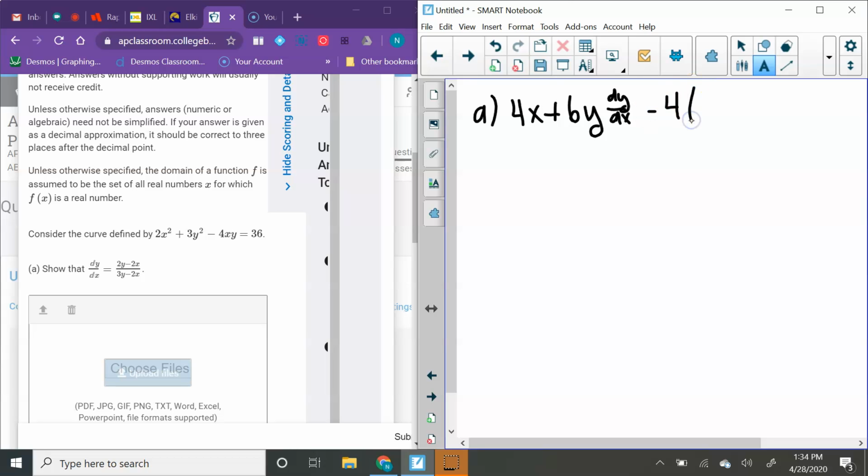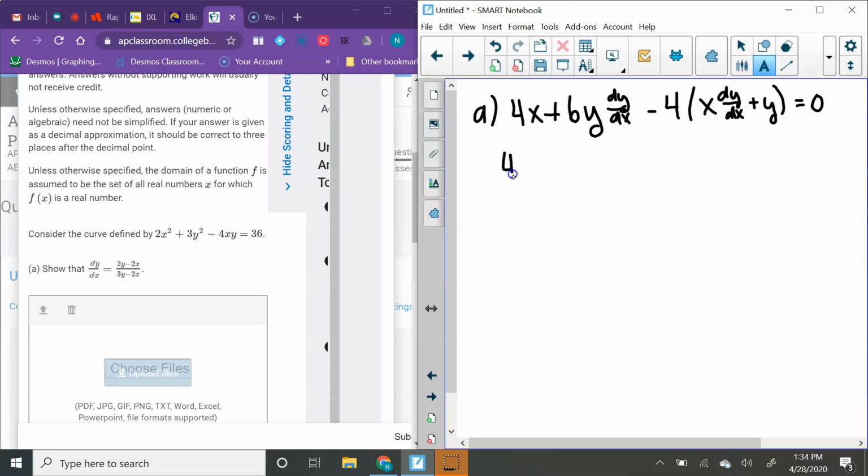I'm going to use the 4 pulled out. You got to use a product rule for this x times y. So you got to do x times dy dx plus y times 1. And this will all equal 0.